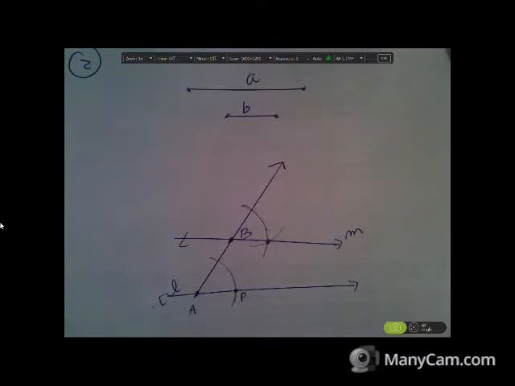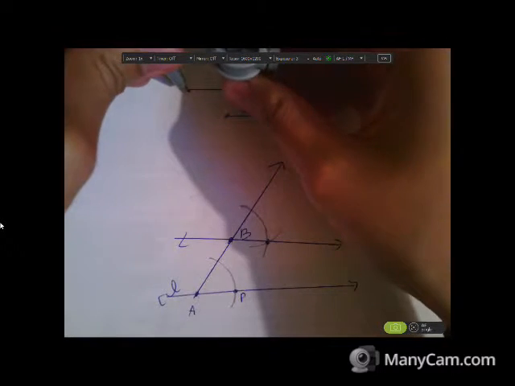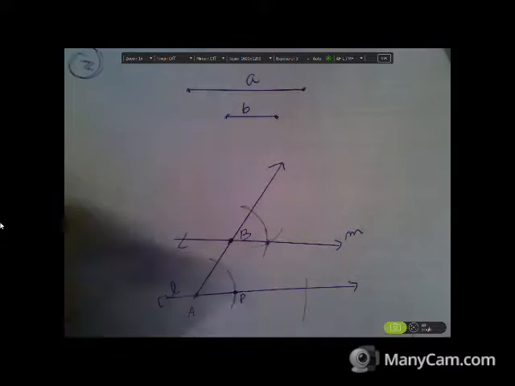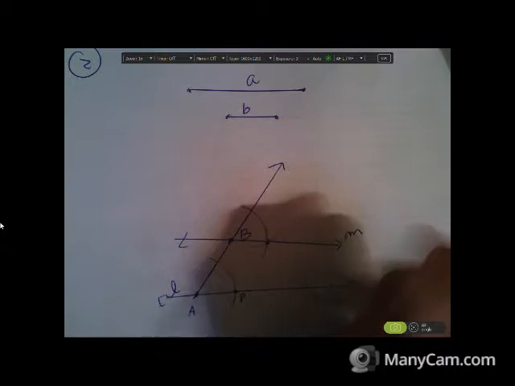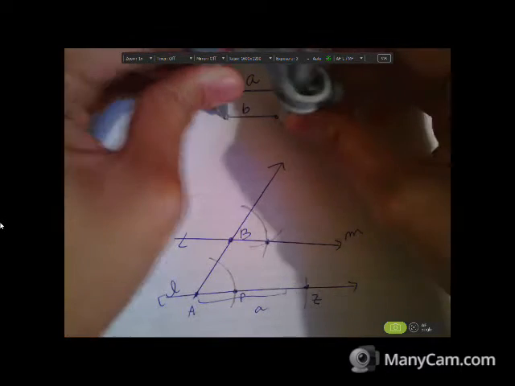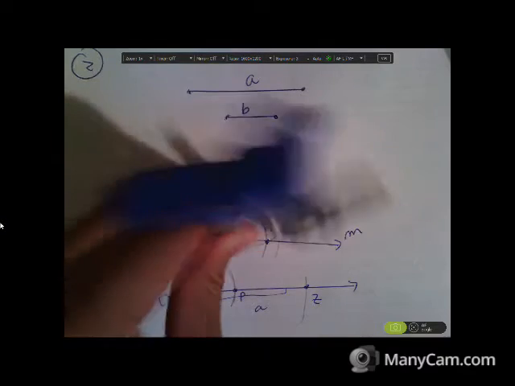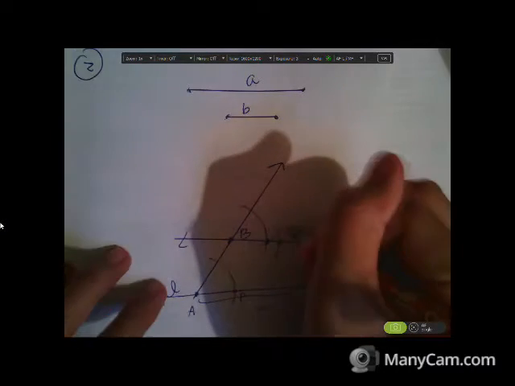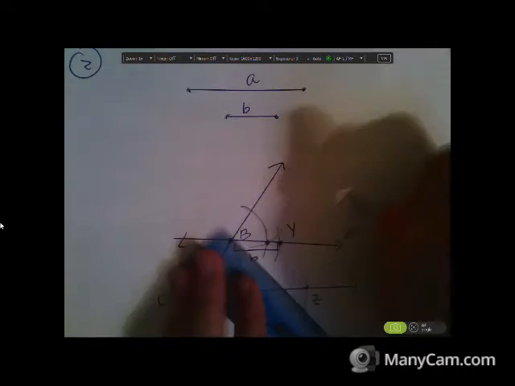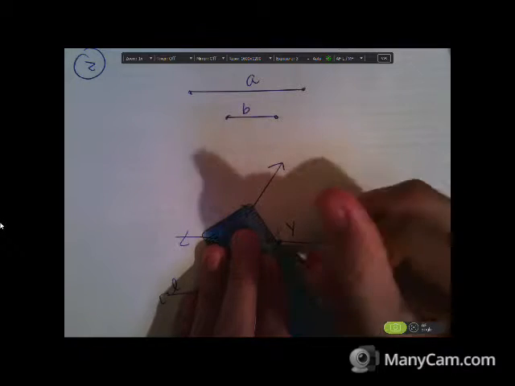Alright, and after that, I'm going to measure and copy this line segment onto here. I'm going to label this part Z, where this whole thing is A. Do the same thing for B. And this is going to be Y. Right, and this whole thing is B. So now I can connect the points.